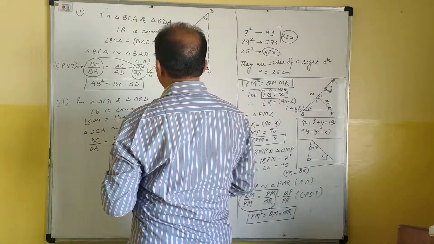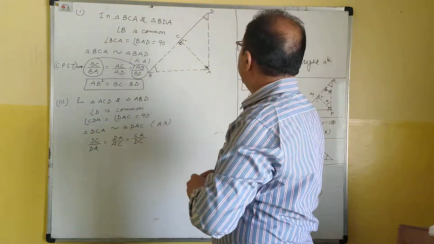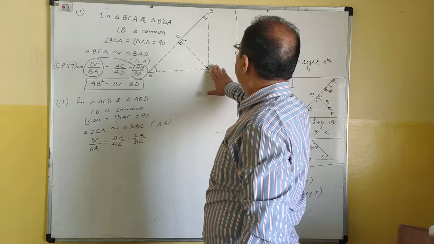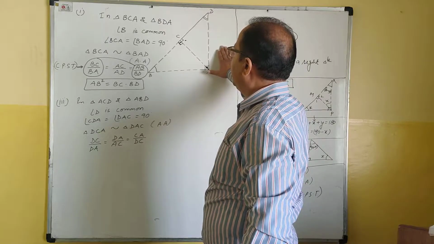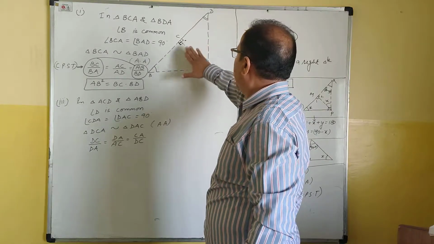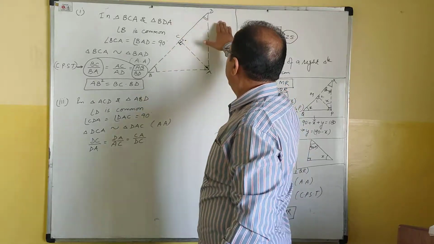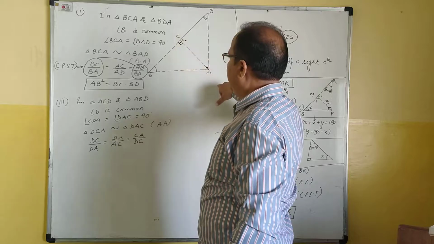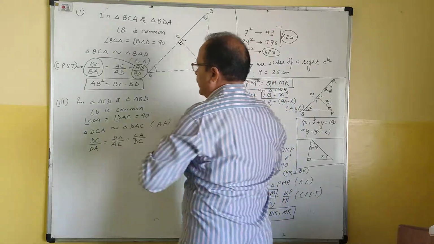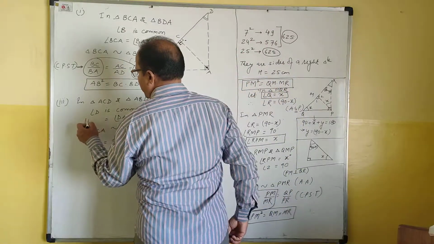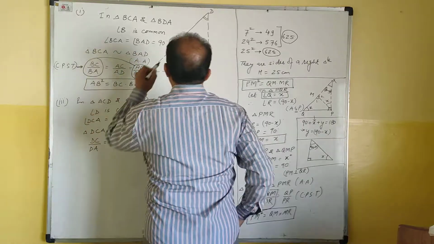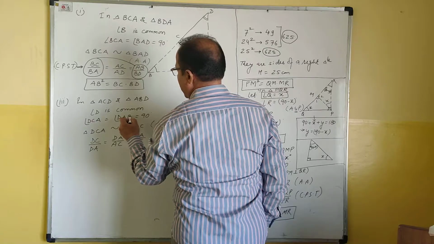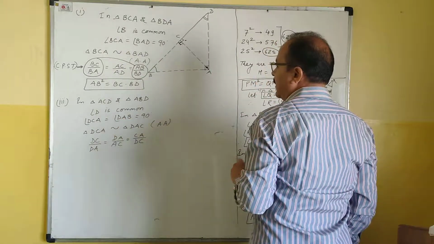There is something wrong. We have taken triangle ACD and ABD. D is common, angle DCA is of 90 degrees, angle DAB of 90 degrees.